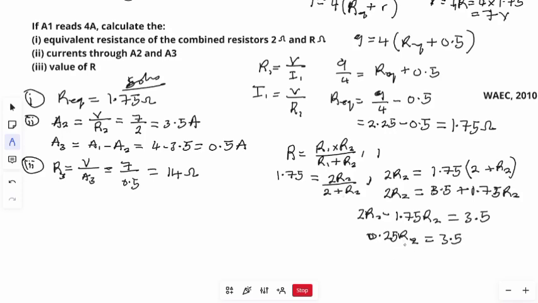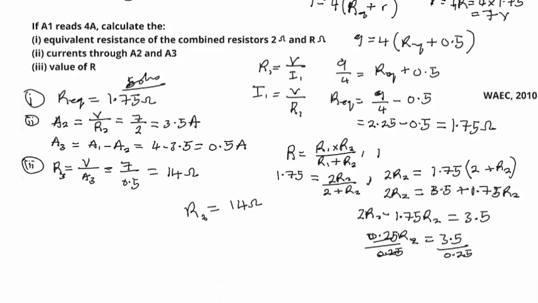After this, if you divide both sides by 0.25, you then have that your R2, or the unknown resistance, is 14 ohms. So that's another way to do it, but that method is a bit long.